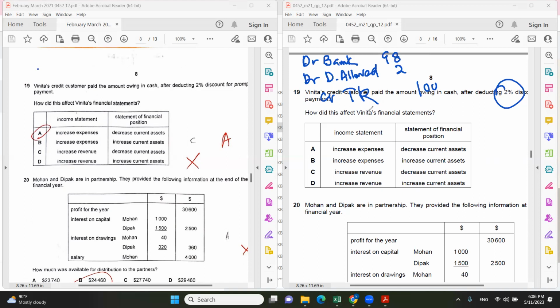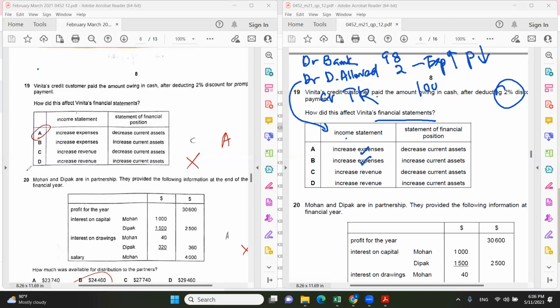So how did this affect financial statement? Income statement is talking about this discount allowed. Discount allowed is expenses. So expenses increase, profit will decrease. Statement of financial position is talking about the current asset.